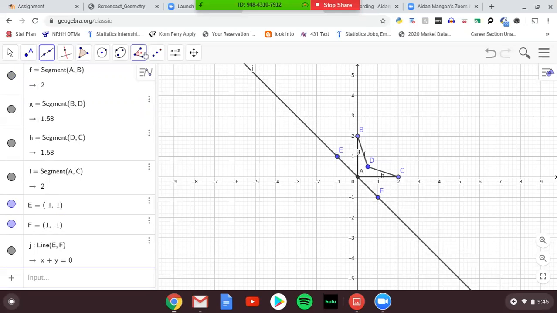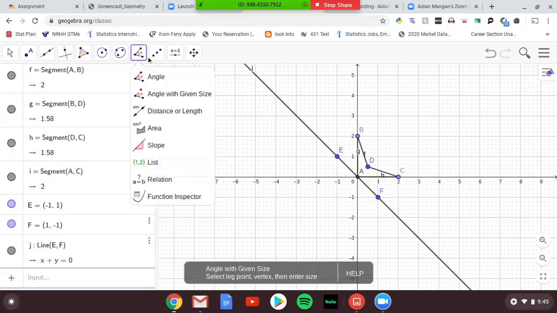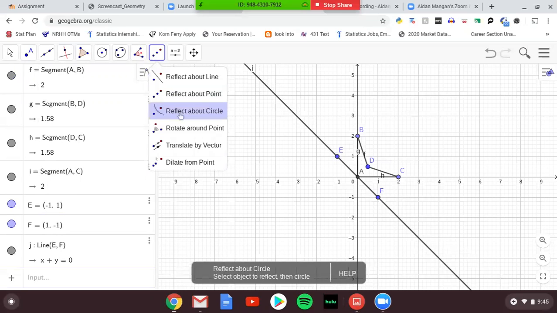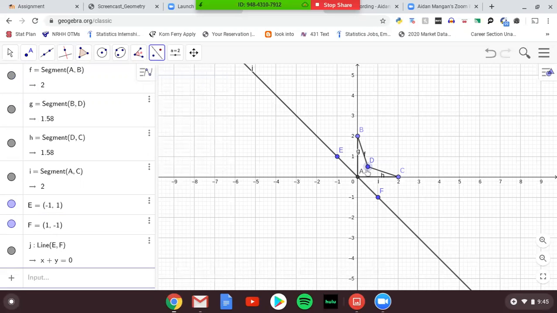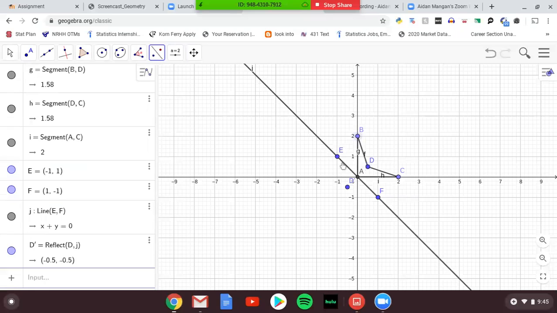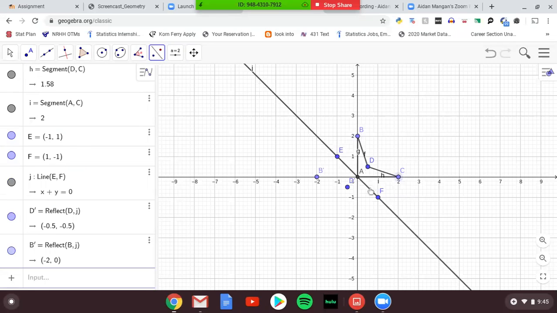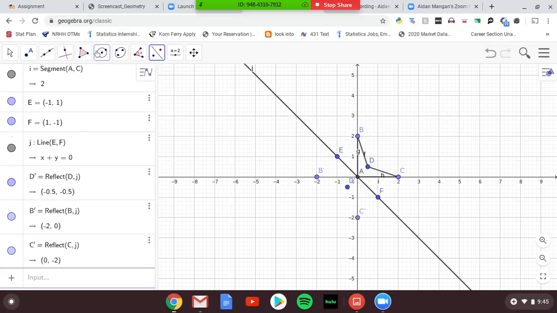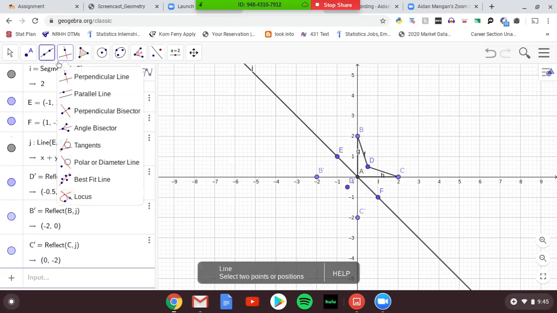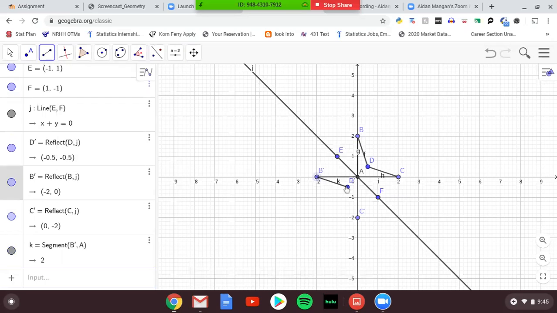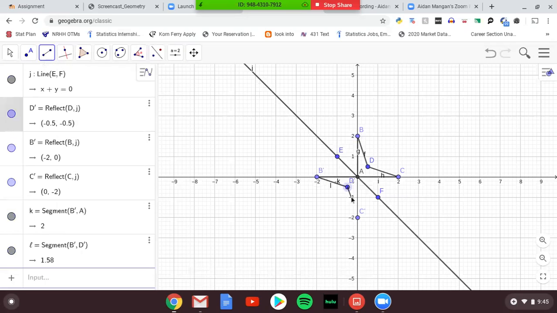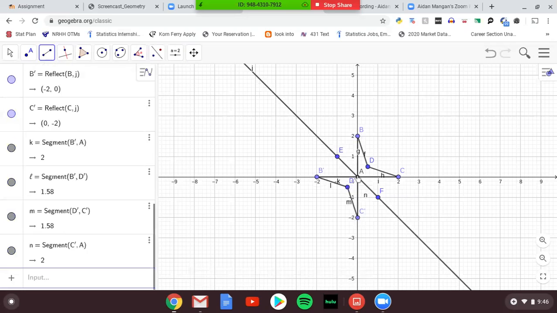Now that we've done that, we can go into this menu here, and we can reflect about a line. So we're going to reflect D around this line here, B around this line here, C around this line here, and as we'll see, the coordinates are the same as before, and let's just verify with the segments here. B to A, still 2, B to D, 1.58, D to C, 1.58, and C to A, 2.